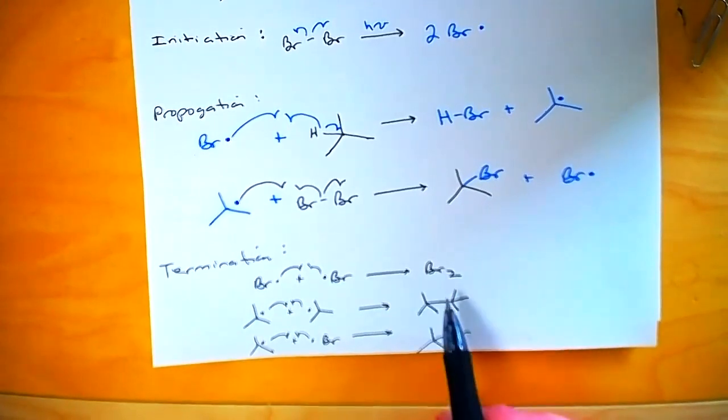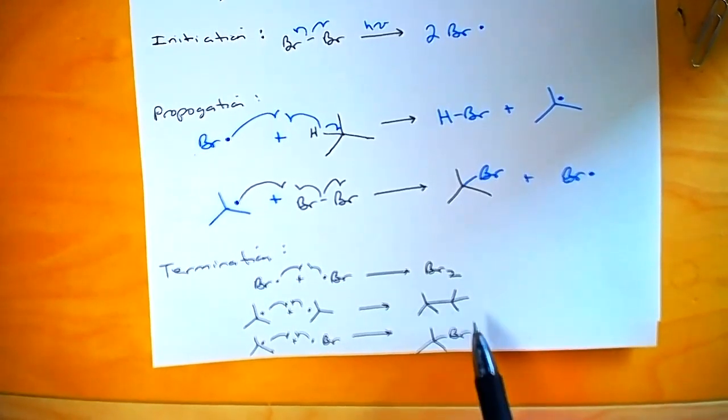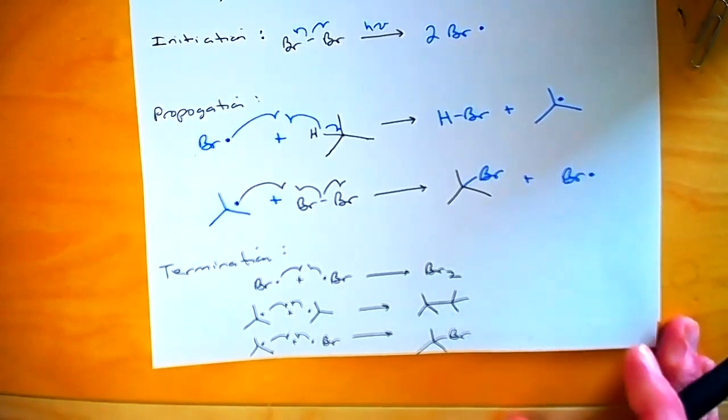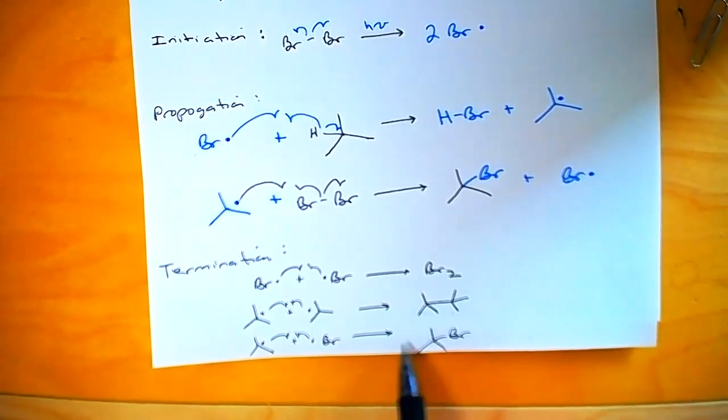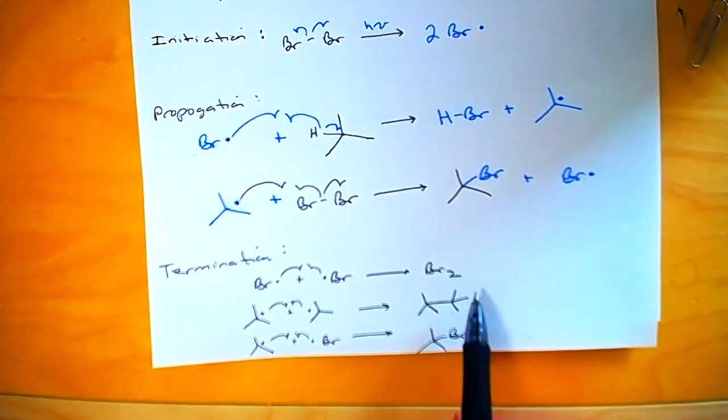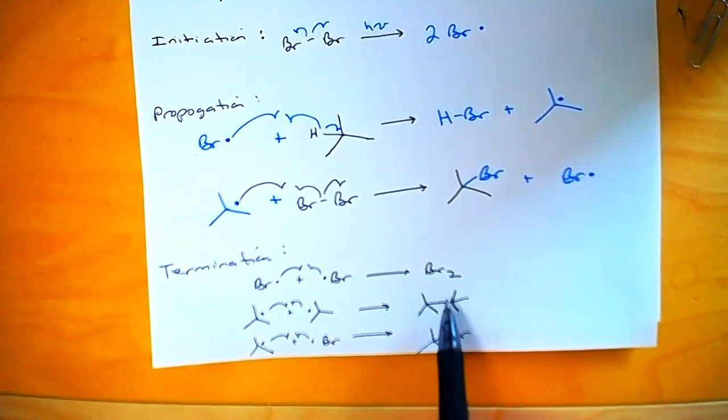So once these start to dominate, particularly the bottom 2, that effectively is going to end the reaction, and this is going to be probably the source of where you're going to start to see lower yields in your reaction, especially as you start to make this species.